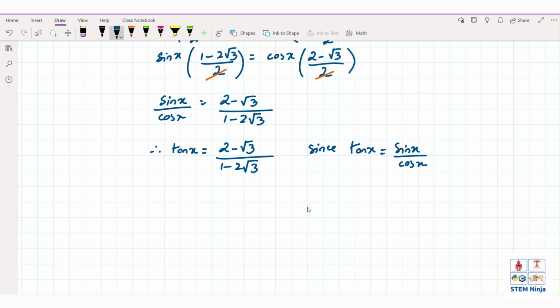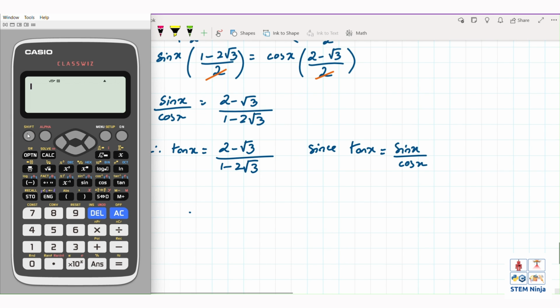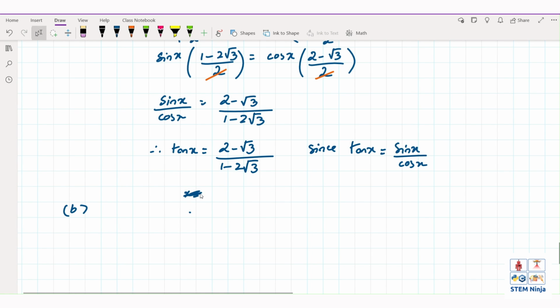So this is the final thing for part A. Now let's solve this for part B. So tan inverse of 2 minus root 3 over 1 minus 2 root 3. We get minus 6.2. Oh, sorry.